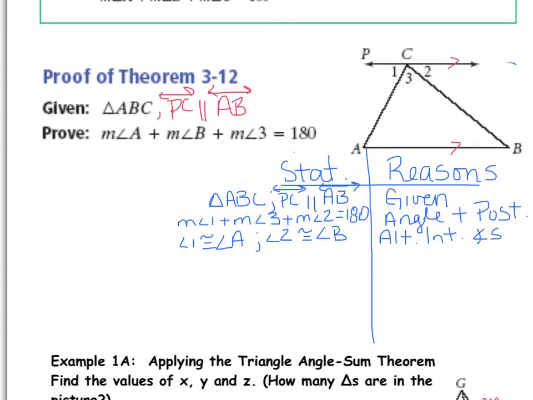So these two are going to swap out, and these two are going to swap out. So I'll do that in red so you can see. Now I have measure of angle A plus measure of angle 3 plus measure of angle B equals 180 through substitution.